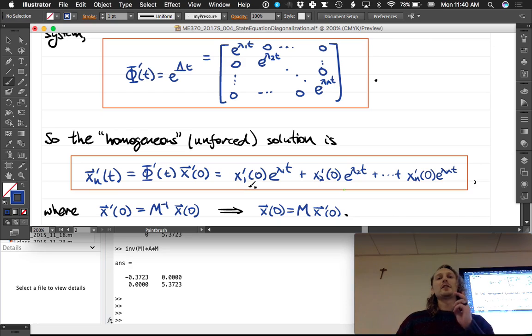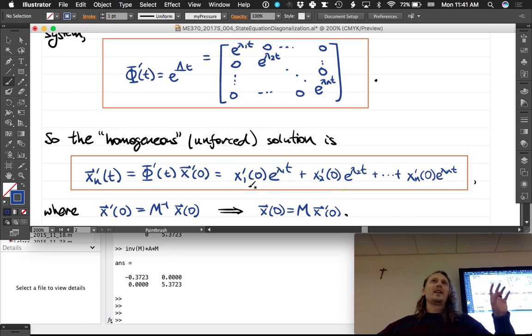So let's think, for instance, about the equivalency of the roots of the characteristic equation and the eigenvalues that we drew earlier. We said that they were equivalent. Do you remember that if the roots of the characteristic equation had negative real parts, they were stable?